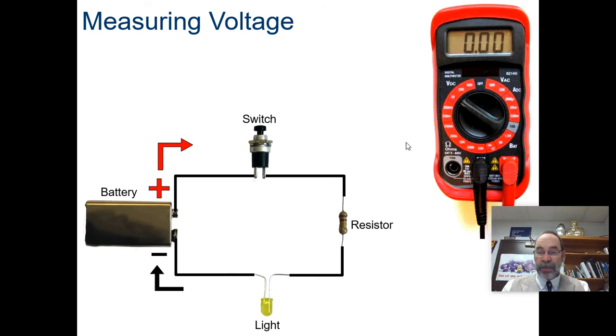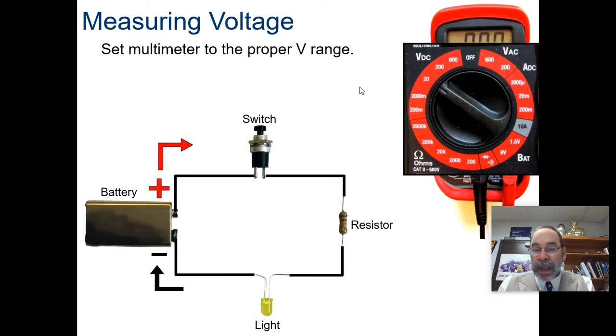Okay, now to measure voltage, what we have on the right is a voltmeter. Okay, and you have to position it so it reads volts, which is on this side here. Now I've got a battery, it looks like a square battery, so that's usually 9 volts. What we can do is take the leads of it, and if we look at 20 volts right here, okay? This is millivolts.